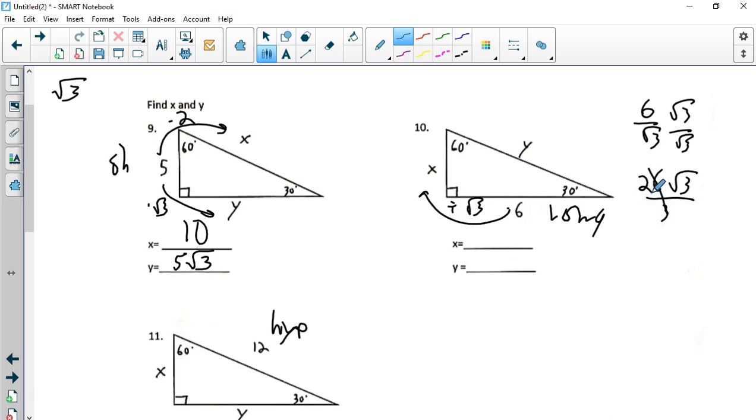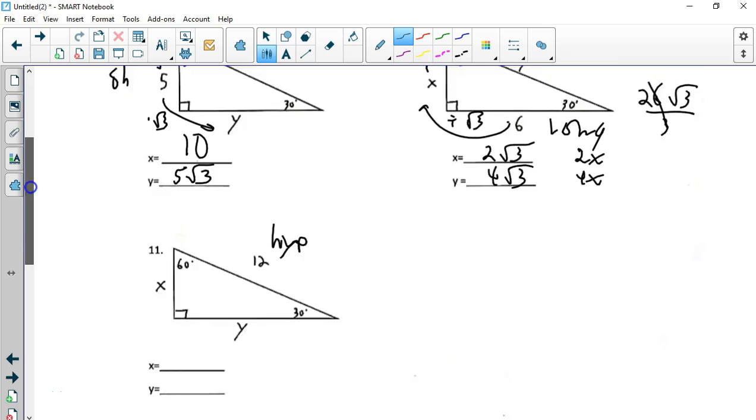That becomes 2. So our short side is 2 radical 3. And then, again, like we did before, we simply just double this. And again, just the outside number. Think about this. If this was 2x, we would double it and make it 4x. So you just multiply by the coefficient of the radical.